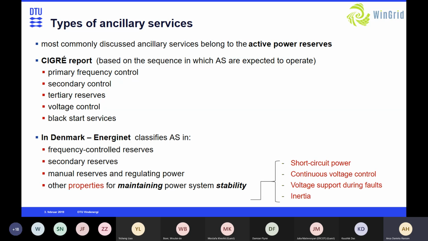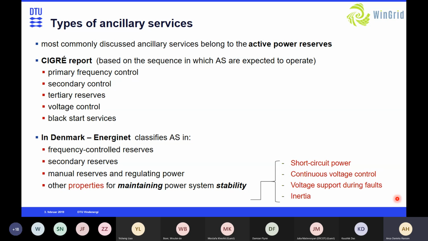While in Denmark, Energinet has classified ancillary services into frequency control reserves, secondary reserves, manual reserves, regulating power, and the group of other properties required to maintain power system stability. These properties include short circuit power, continuous voltage control, voltage support during faults, and inertia.